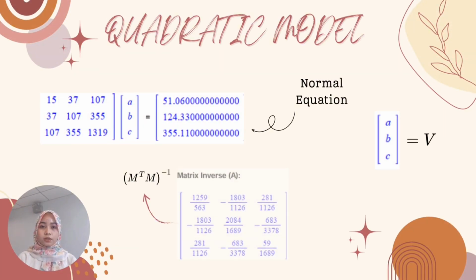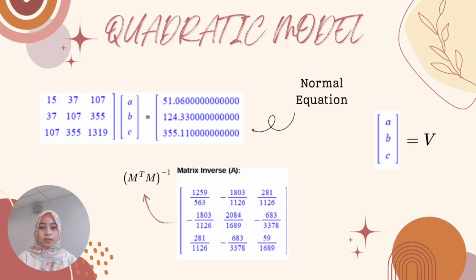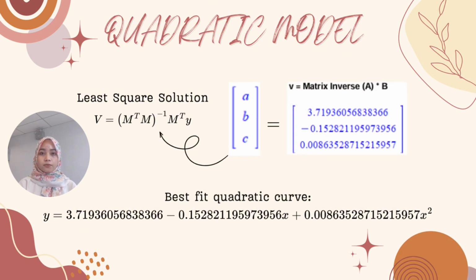So, this is the normal equation that we got. Next, from the normal equation, we have to find the values for A, B and C that represent the value of V. To do that, we have to find the MTM inverse. After finding the inverse of MTM, we multiply the MTM inverse with MTY to get the values for A, B and C, which is also the least square solution.